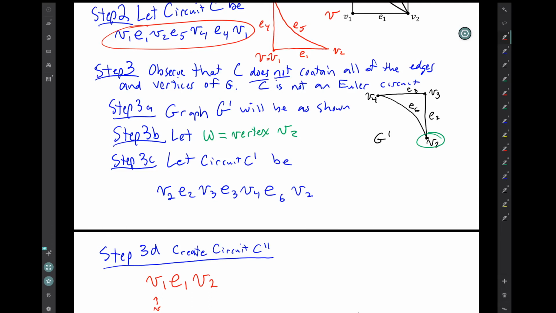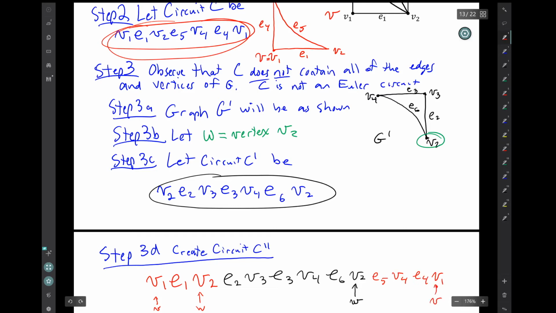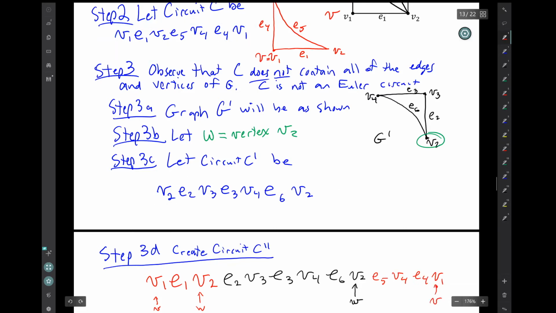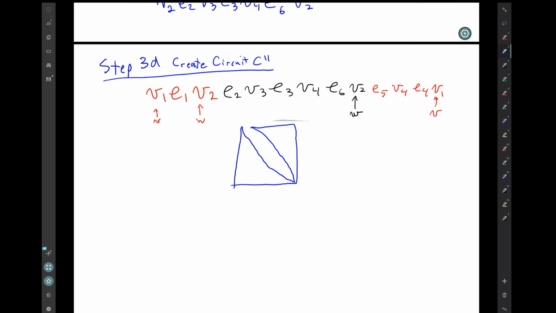Now that vertex is also known as W. Now what we're supposed to do is hop on to the other circuit, this black circuit, from now on, until I get back to W. And then hop back on to the red circuit and follow the red circuit the rest of the way until I get back to V. The way that circuit looks is this. Something like that. Let's go on.